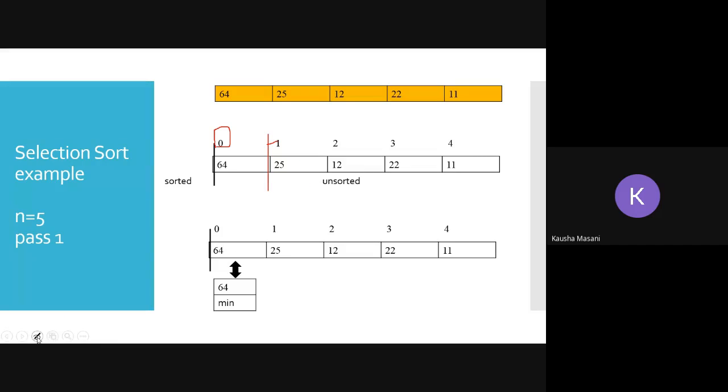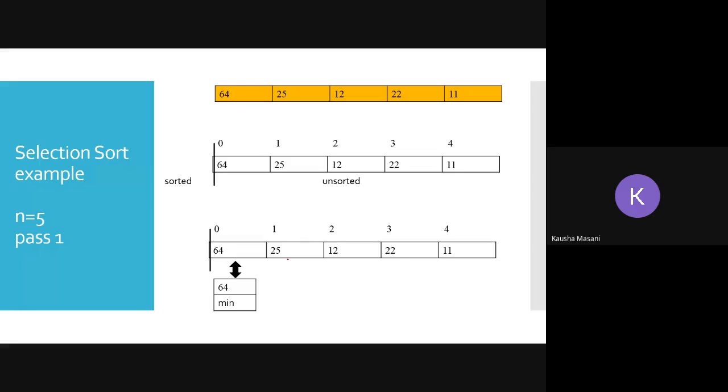Now here that is not the case. That's why I said a little bit different approach. Here we have a sorted array but no index as such, and initially in pass 1 the entire array is a part of your unsorted array.